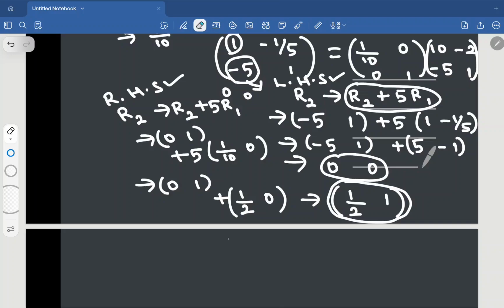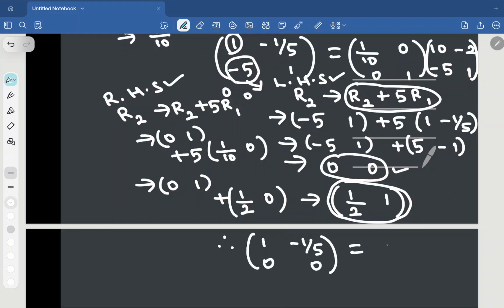Therefore, LHS: 1, minus of 1 by 5; the second row, LHS value, is 0 0.